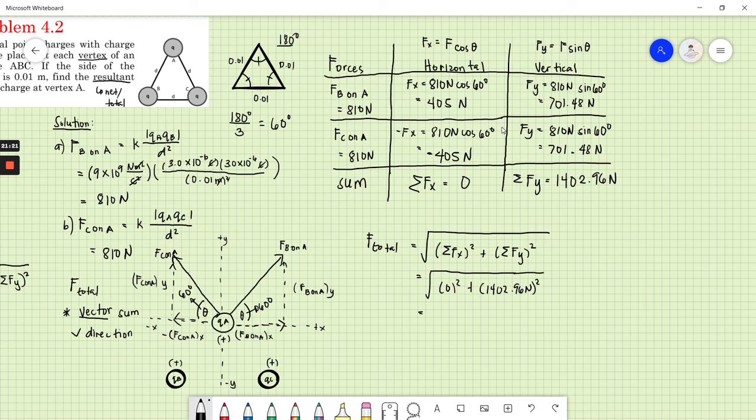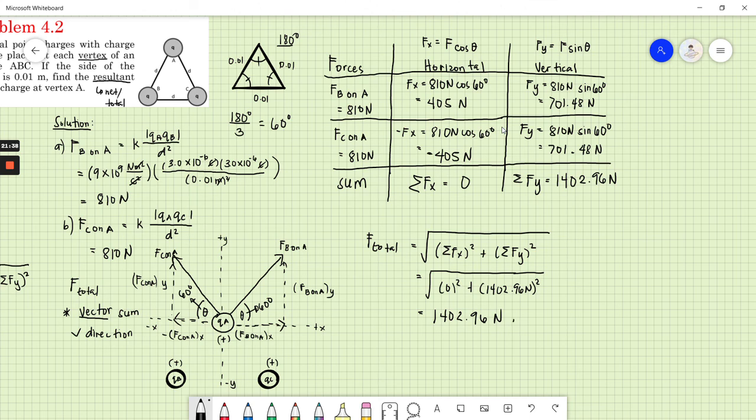And this is actually equal to 1402.96 newtons. So that is the total force experienced by QA.